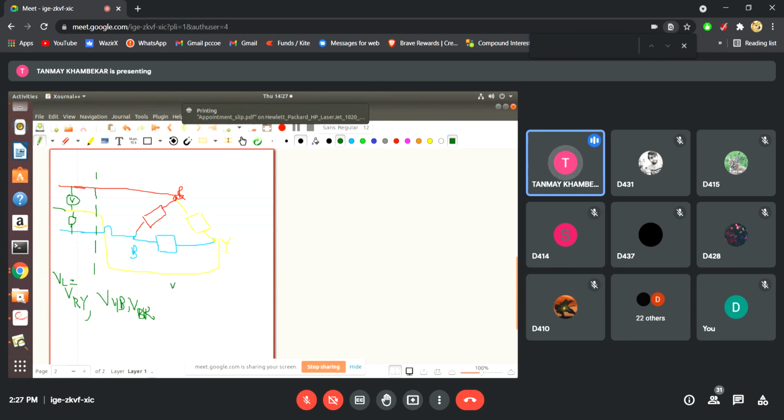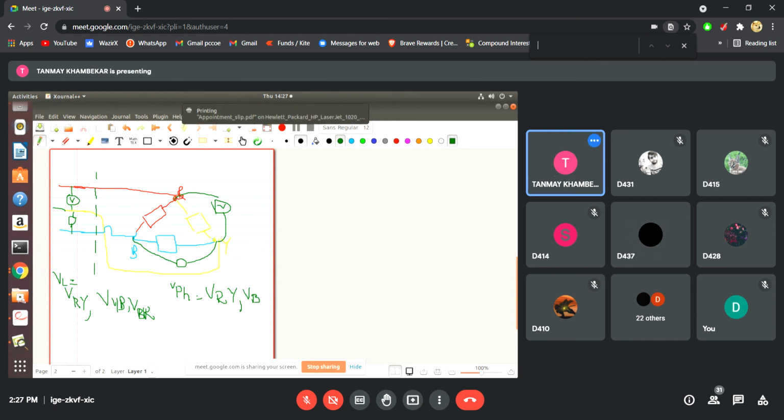Now we will see what the phase voltage is equal to. So on the phase side, I will connect a voltmeter like this. One end is connected to R, another end to Y. So what name will I give? VRY. Yes or no? Similarly, the second voltmeter, one end to Y, second end to B. What name will I give?